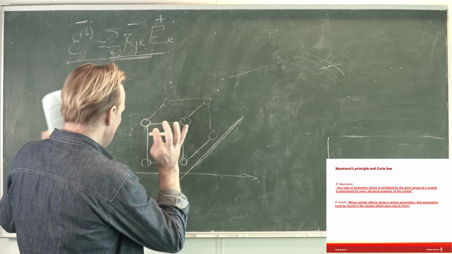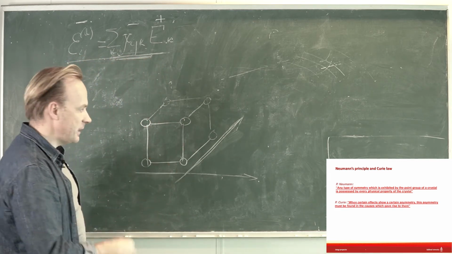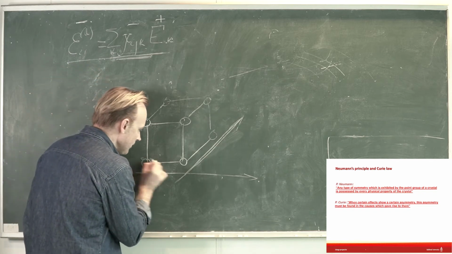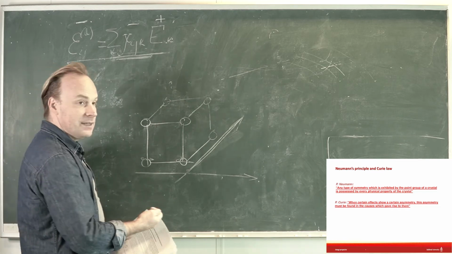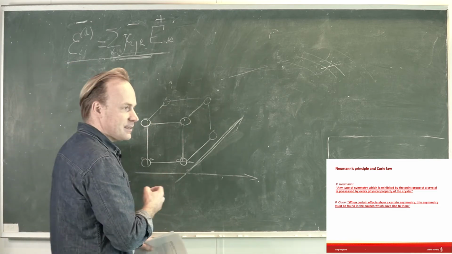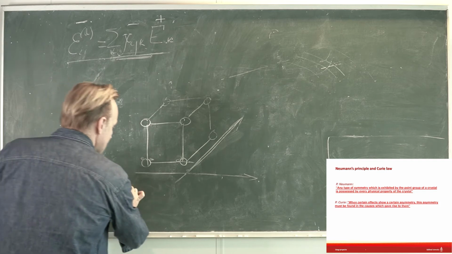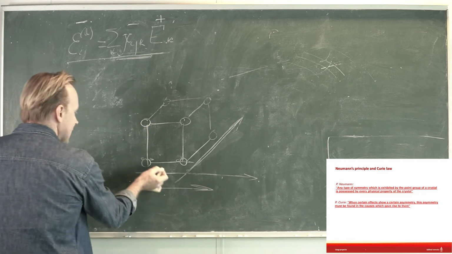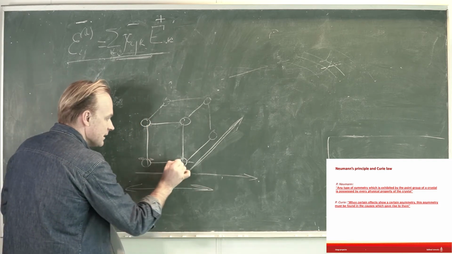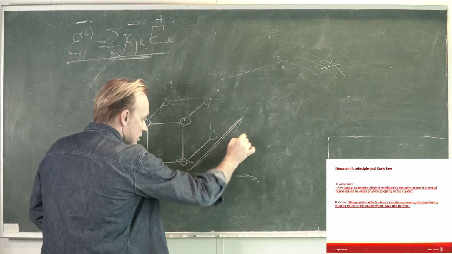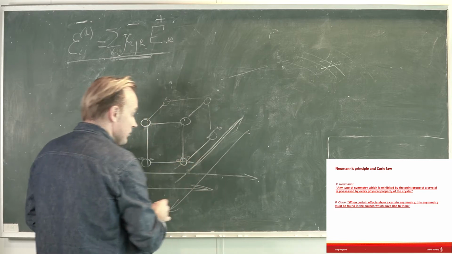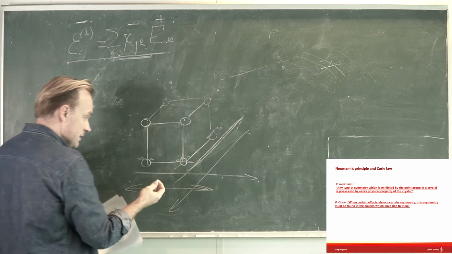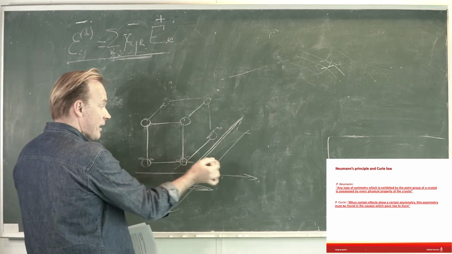So light will fall on this medium with an electric field. It will excite electrons here, and different polarization of light, of course, will excite different oscillations of electrons. For instance, if the polarization is in this direction, it will excite electrons oscillating in this direction. And if the polarization is along this direction, the electrons would be oscillating in this direction. Of course, while oscillating, they will feel the local environment.